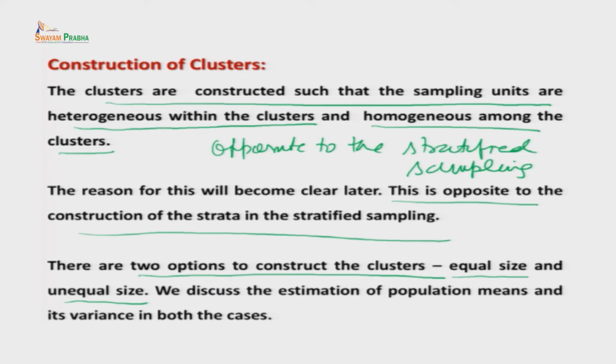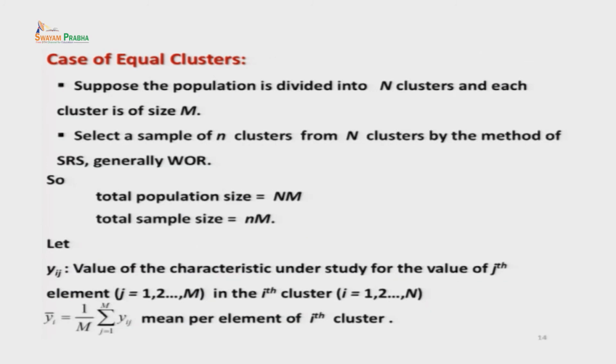We will develop the estimators for the population mean and study its properties, and after that we will consider the case where the clusters are of unequal size. We are going to discuss the estimation of population means and the variance of their estimators in both the cases. So first we consider the case of equal clusters.